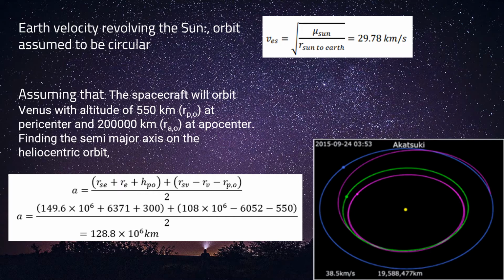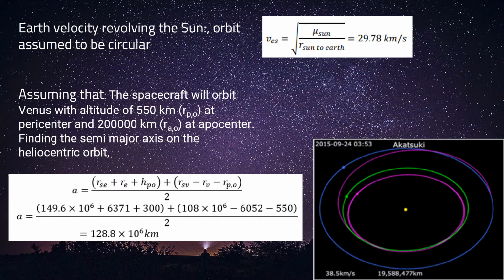Assuming that the spacecraft will orbit Venus with an altitude of 550 km at pericenter and 200,000 km at apocenter, we can find the semi-major axis of the heliocentric orbit. The semi-major axis can be seen on the left-hand side, which is 128.8 times 10 to the power of 6 km.